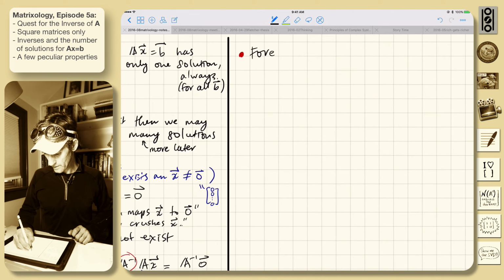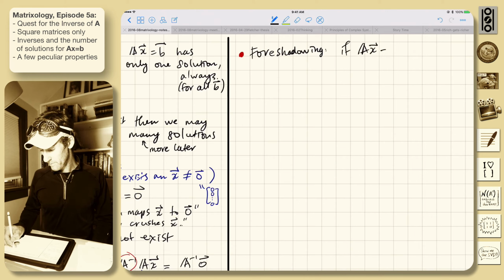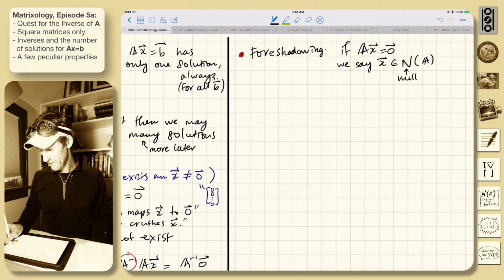So that was good. Foreshadowing is that if ax equals 0, we say x lives in the null space of A. This is the null space of A. We're going to talk about it again a lot.